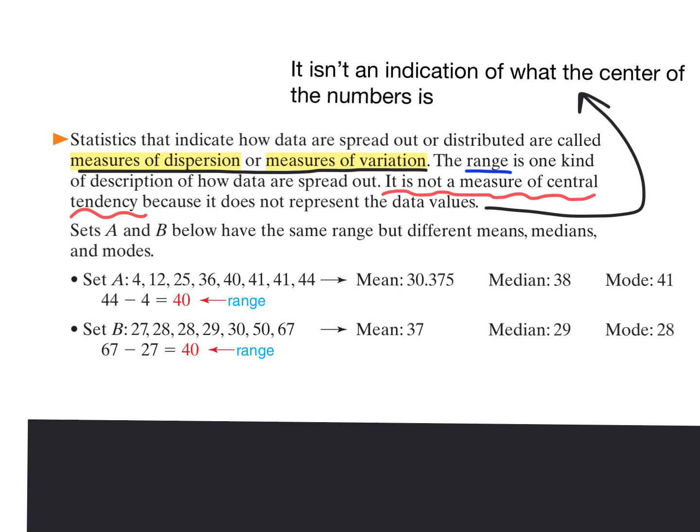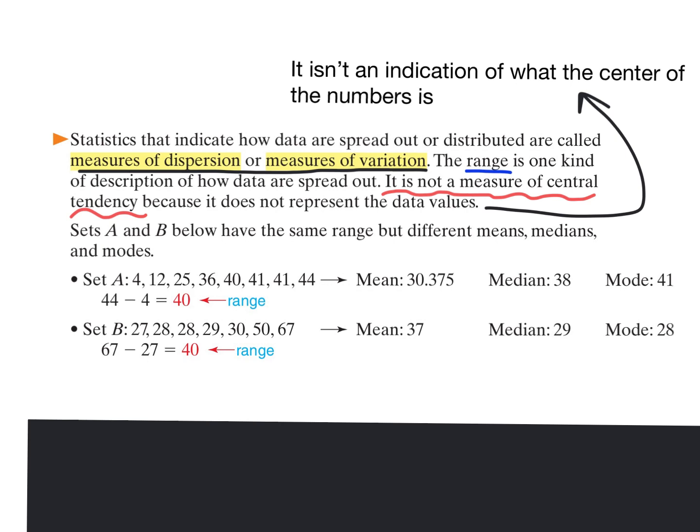Set B, we got 27, 28, 28, 29, 30, 50, 67. That one had actually a little bit variation there. The mean was higher, the median was lower. The mode, who knows what the mode's going to do. It happened to be smaller in this case, but it had the same range.